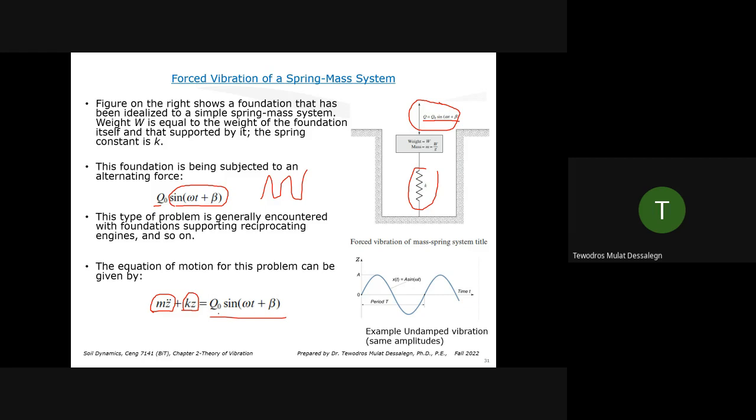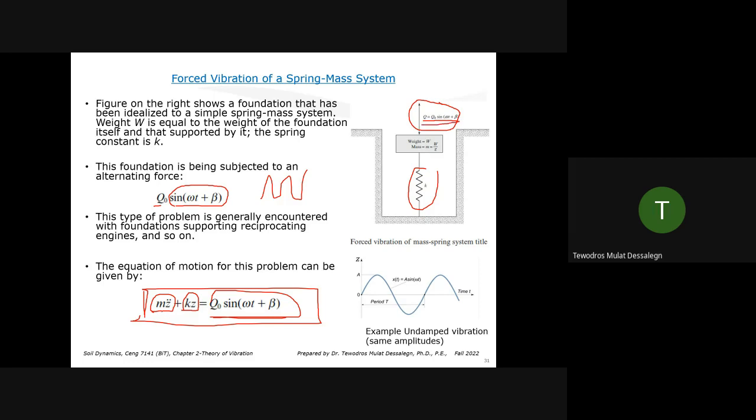So for this forced vibration of a spring mass system we are just discussing, I have this equation, right? This is obtained from the general equation of motion: the inertial component, the stiffness component, K times Z, equals the force. The force we know came from this force.